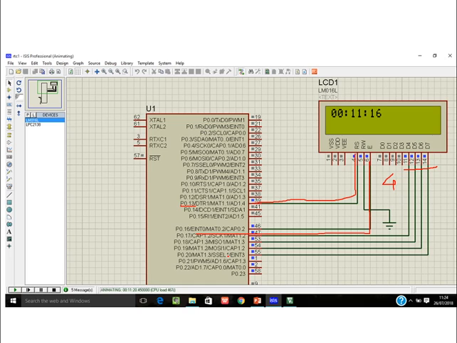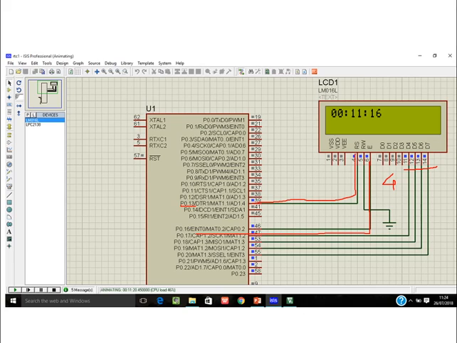Okay, so if I want to send 32 number, I will first send 3 and then I will send 2. So like that we are sending still 8-bit data only, but we will split it into two 4-bit numbers and send it to the LCD. Okay, so that way it is done. So this is all about the LCD.